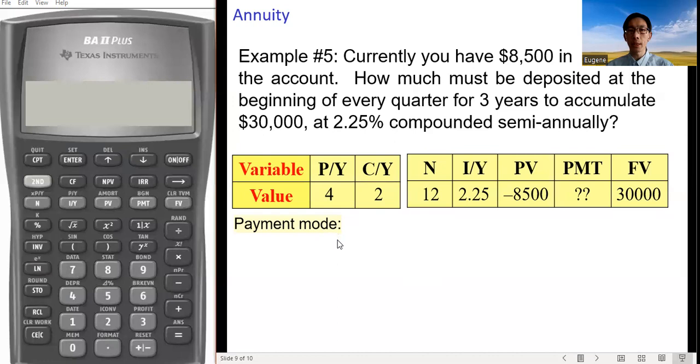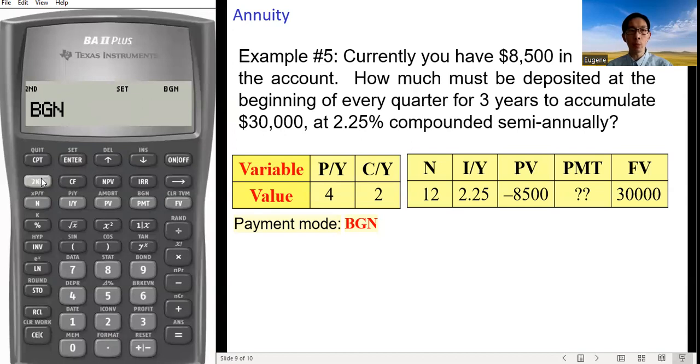The payment timing, begin mode. The deposits are made at the beginning of every quarter. So change the timing by pressing second and then begin. Change the setting from end to begin mode by pressing second and then set.